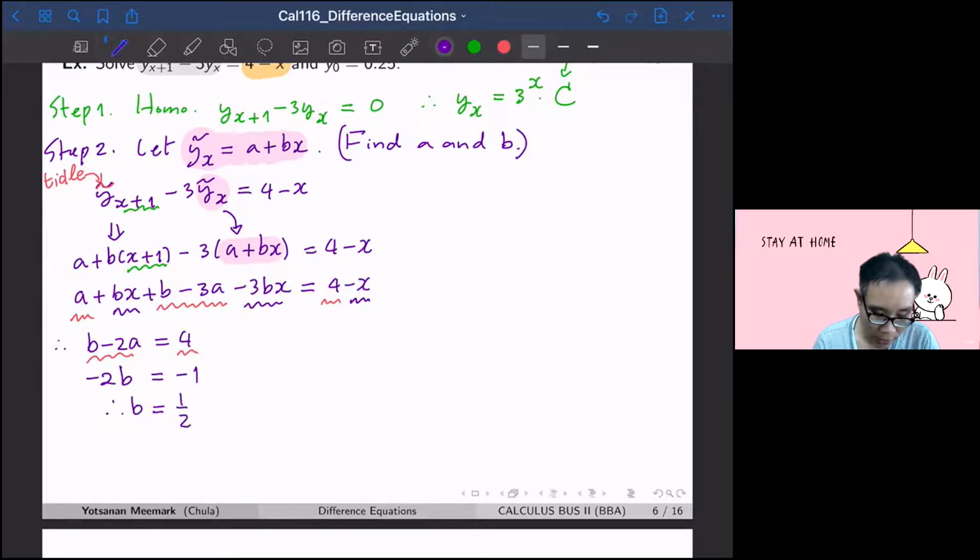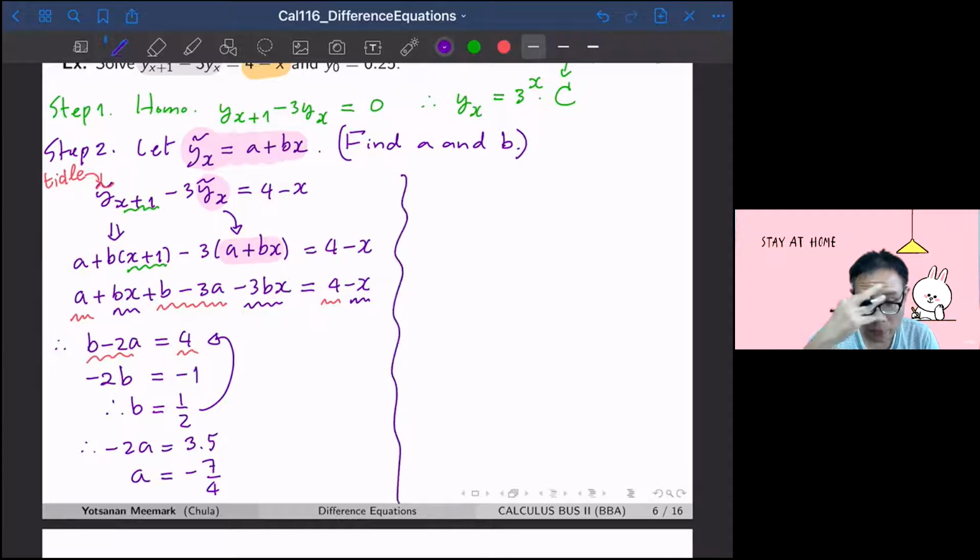So you have b equal to 1/2, and you're gonna plug into this equation. So you're gonna get negative 2a equal to 3.5. So you would get a equal to negative 7 over 4. And where you gonna have your y tilde?